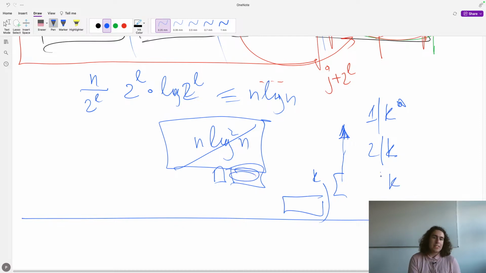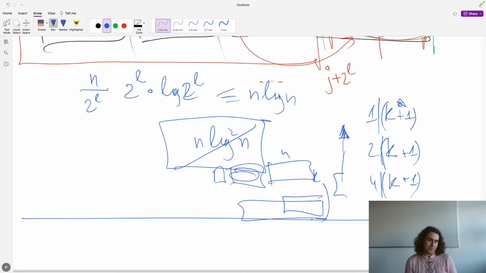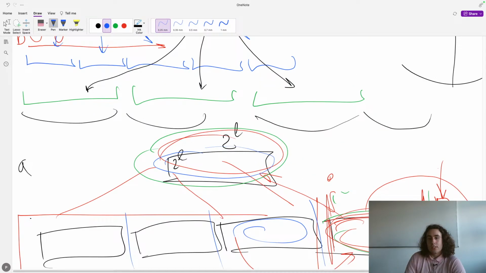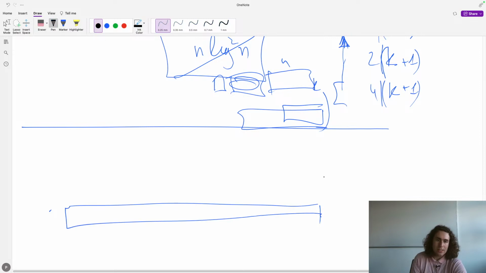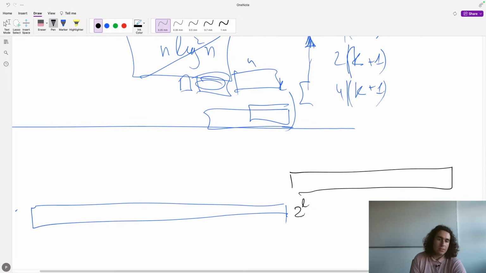If k plus 1 is divisible by 4, I take the next block of size 4 in A, and I multiply it by a block of 4 here, and so on. Note that, for example, when k plus 1 is a power of 2, I take a block of size k here, and the corresponding block of size 2 to the L, which starts here, to the right.